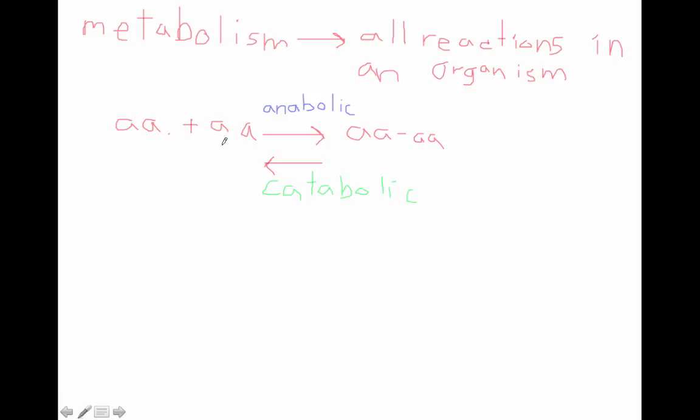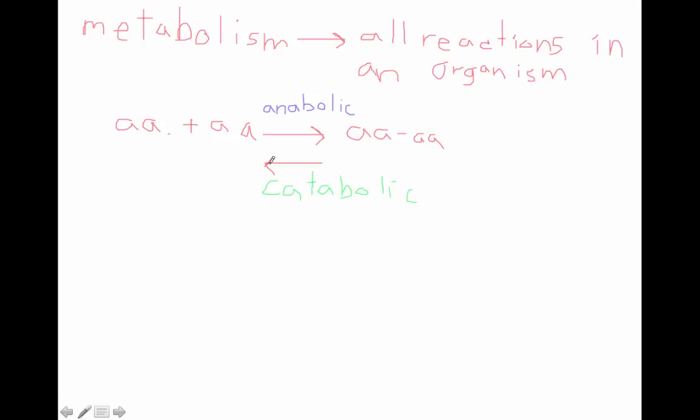And so that's what an anabolic reaction does. It takes smaller things and makes a larger molecule. Catabolic reactions, I just remember as being the opposite. It's taking down this larger molecule, this larger protein, into smaller proteins. So it's a breaking down of larger chemicals. So those are catabolic reactions.